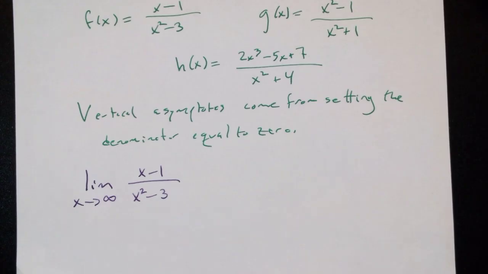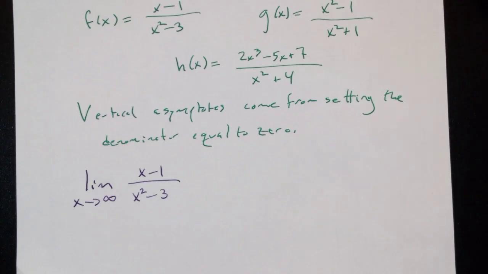If I try and use the limit laws, I'm going to get infinity minus 1 over infinity squared minus 3. That is a useless expression. It's another indeterminate form. So if I were to say, okay, I'll take the limit of the top, the limit of the bottom, separate from one another, and then I'll try and substitute. Infinity is not a number.